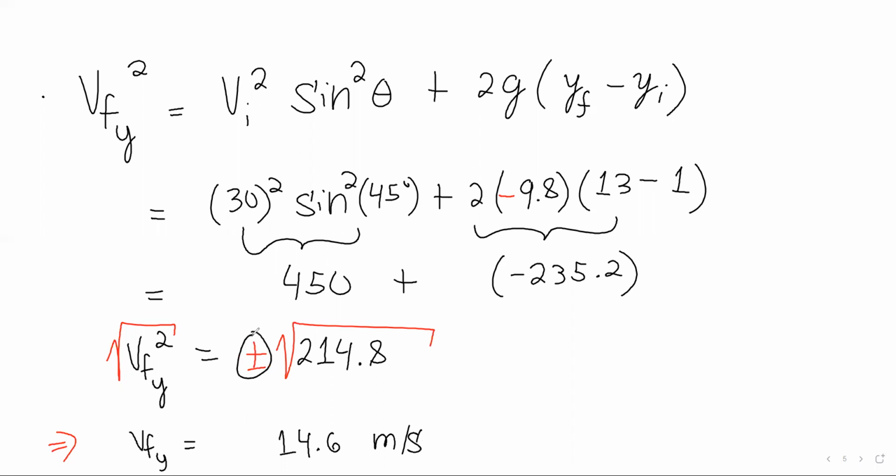And now, out of the plus or minus, I know, well, the object is falling, so I tack on a negative in front. Just by understanding the physics of the situation. It's moving down. And that's how you approach a projectile motion problem.